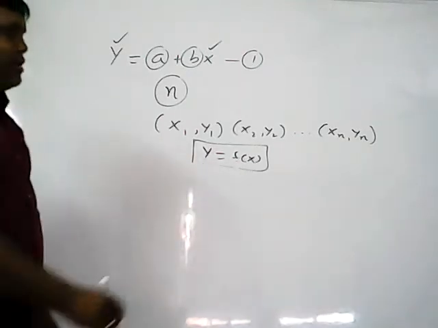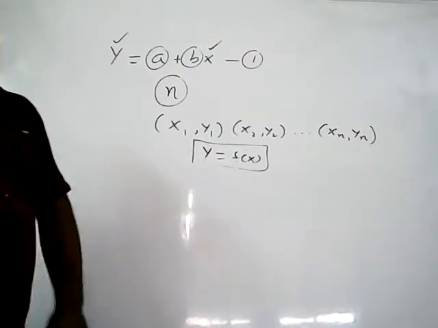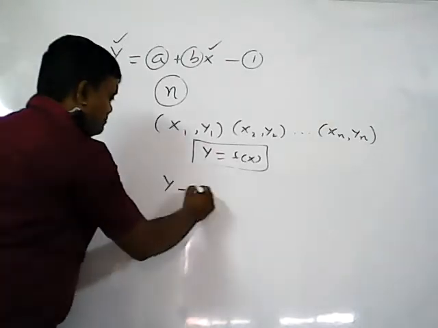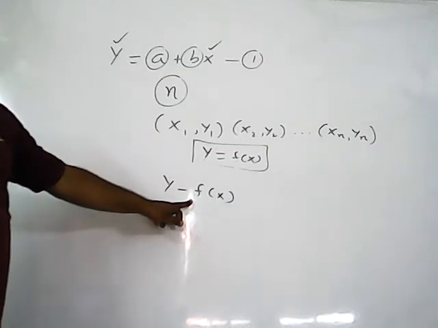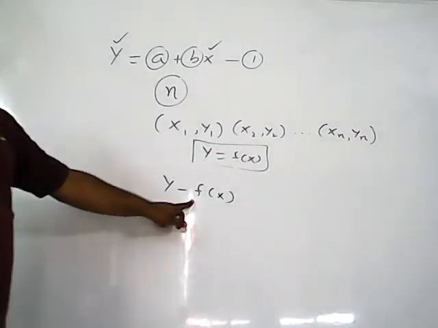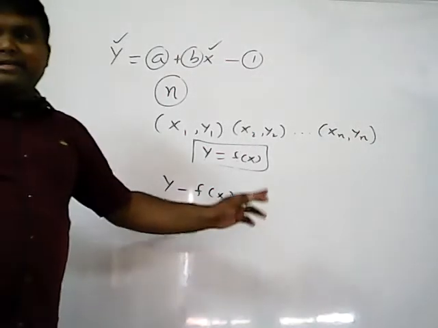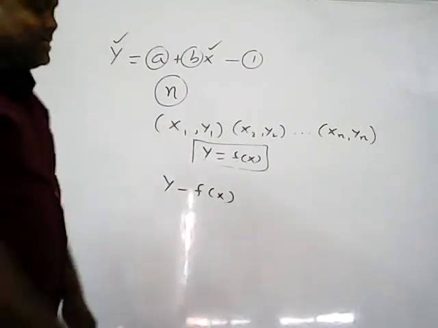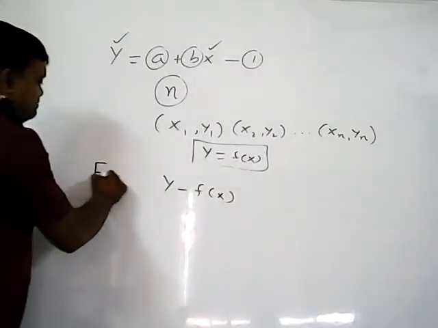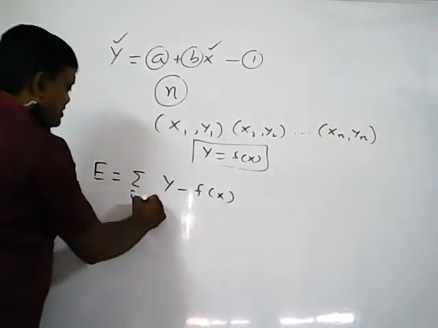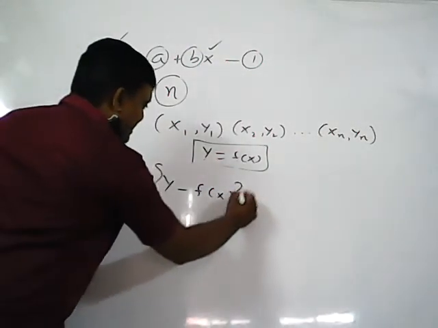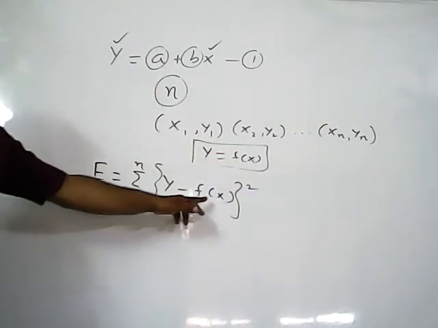Then, because some error will be there, the residual of y is denoted by y minus f of x. The error sum of squares is denoted by capital E, where E equals summation i equal to 1 to n of yi minus f of xi, whole square.